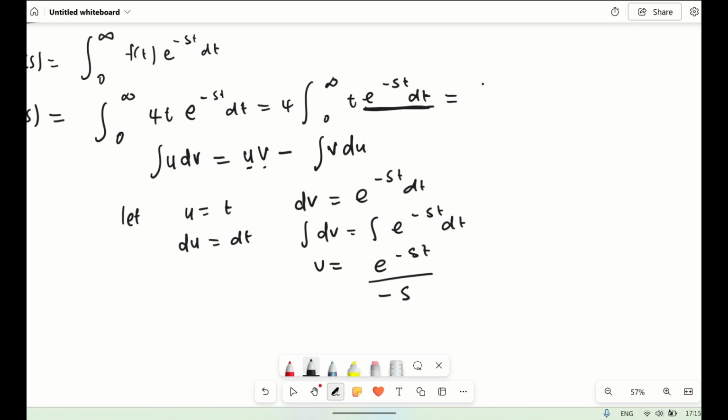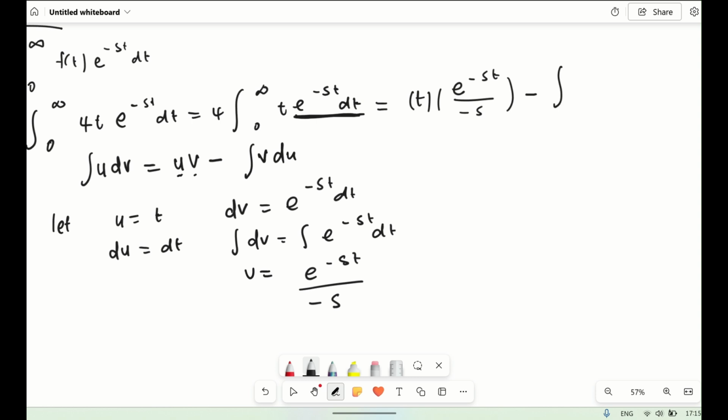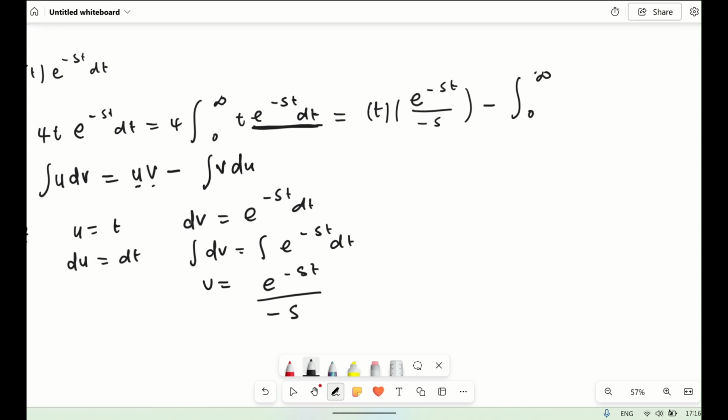So our u is t, and v is e to the negative st all over minus s, minus the integral from 0 to infinity of e to the negative st over negative s dt.